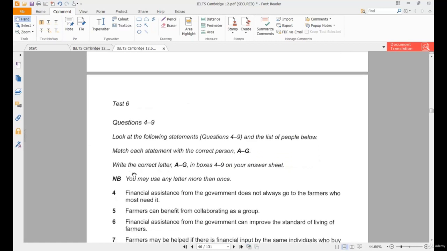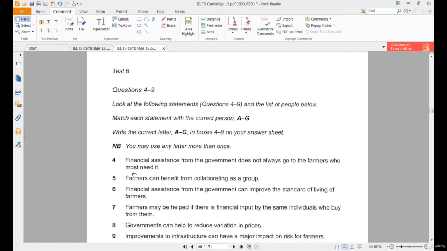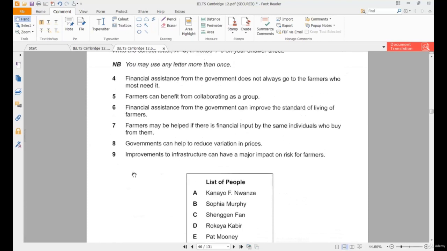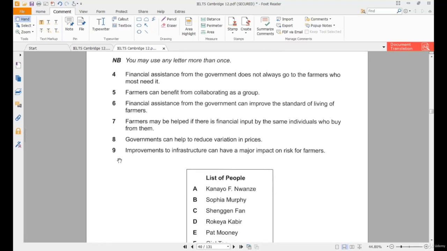We also have a matching question, right? With a matching question, you have to find the person's name and then read the information for that person and decide what that person said. Does that match number 4, 5, 6, 7, 8, or 9?